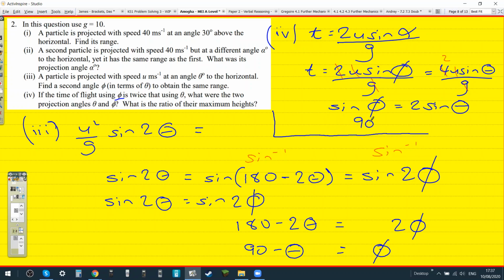And then what could you do? Arc sine both sides. So what is theta equal to? Theta is equal to 45. Did we already know that? What were the 2 projection angles? Maybe we were supposed to. So theta is 45, and then the other one is also 45. So how would the time of flight be twice? That's a good point. Where did we go wrong, if it's the same?